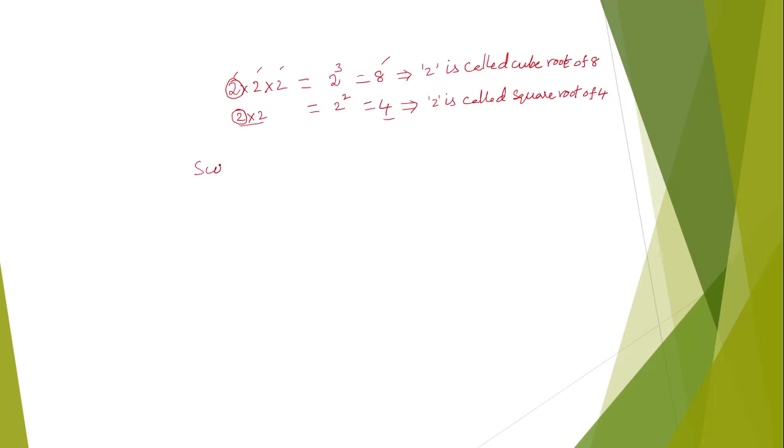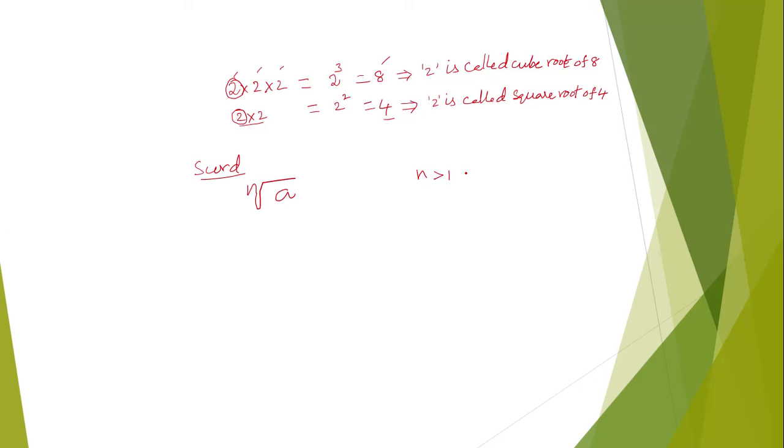You may observe that again. What is a surd? Surd means n is a positive integer which is greater than 1. Otherwise, you may write n is greater than 1.